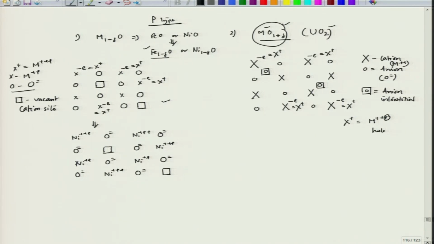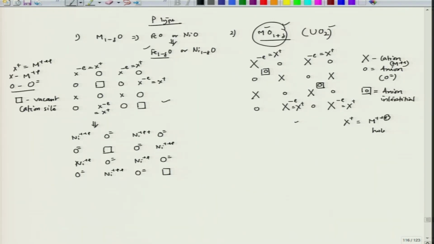In this case, diffusion is via the cation diffusion through the vacant cation sites, but here it is diffusion of oxygen via interstitial oxygen diffusion or the interstitial anion diffusion.